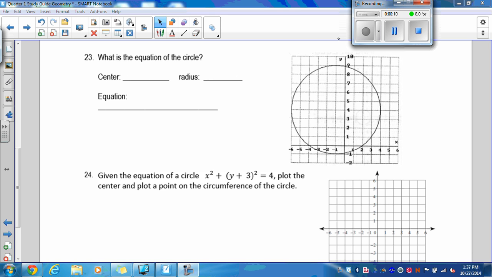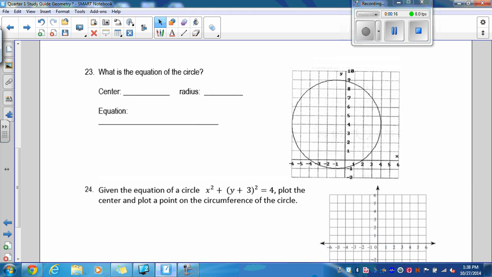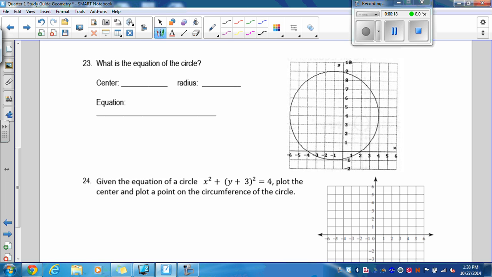The equation of the circle we have here, I like to take a look at the center of the circle, and I can kind of eyeball the center by looking at that longest piece and this longest piece.